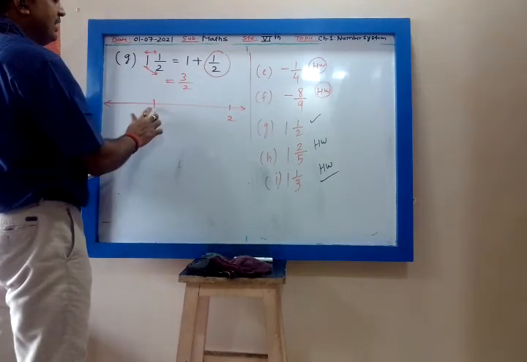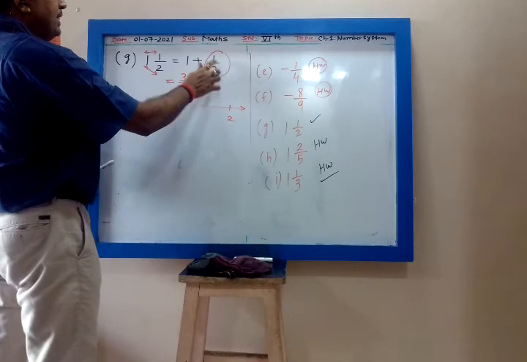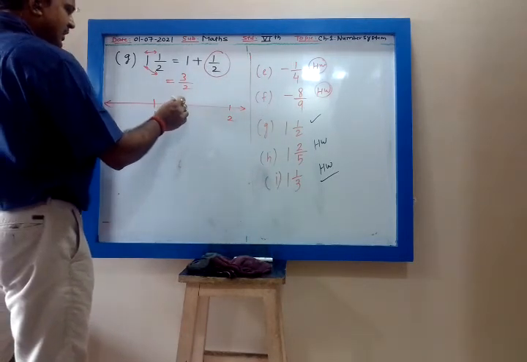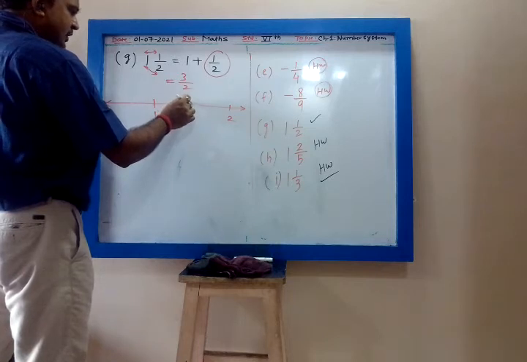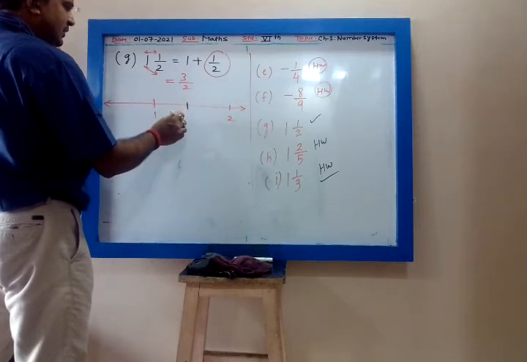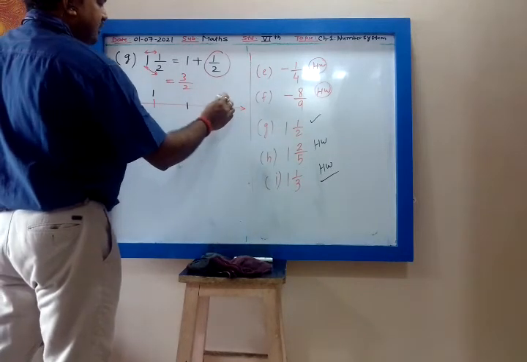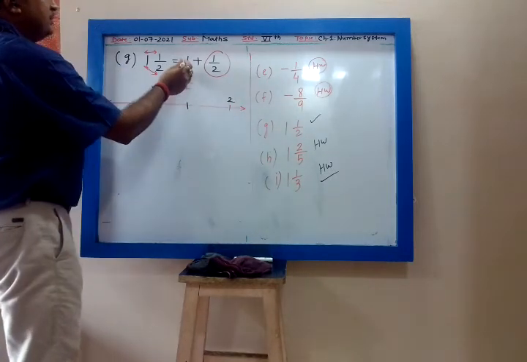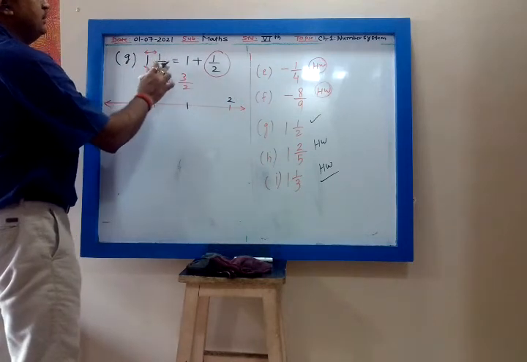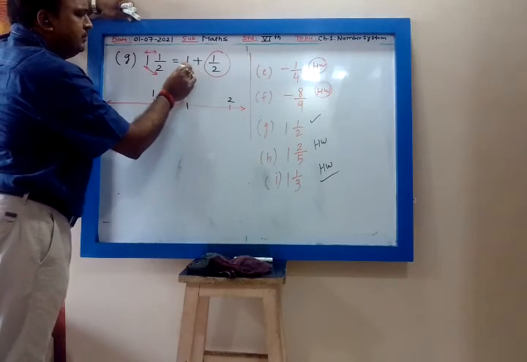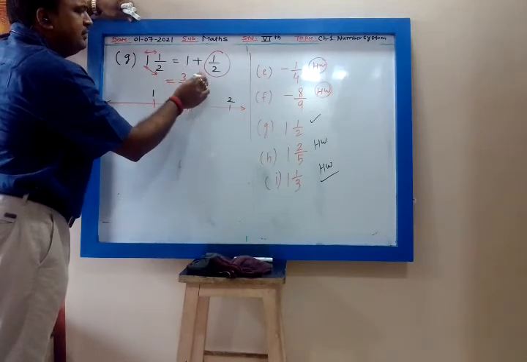So I will divide the number line between 1 and 2 into 2 parts. You have to divide the number line between 1 and 2 because 1 plus 1 by 2 means it will be more than 1. 1 plus means more than 1.